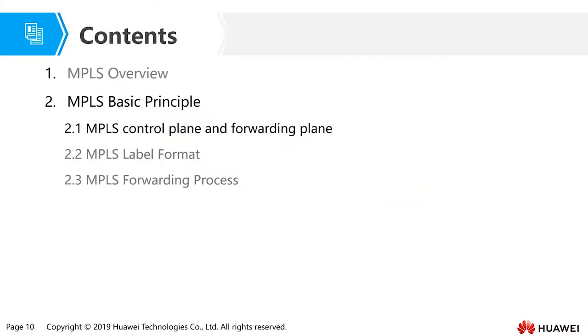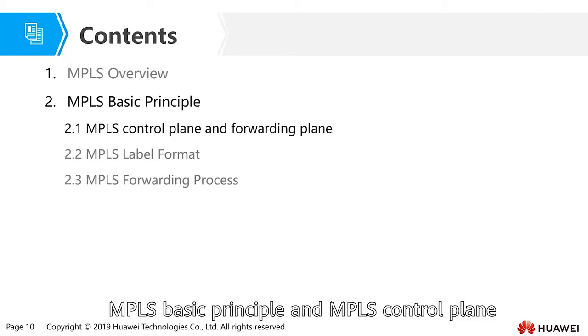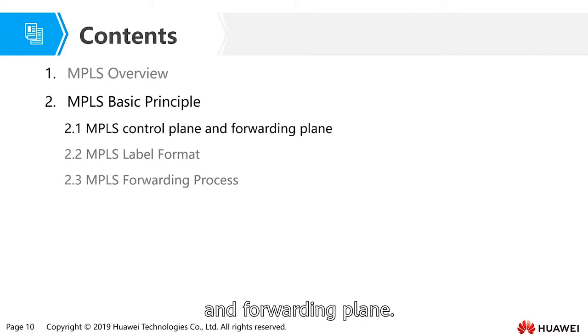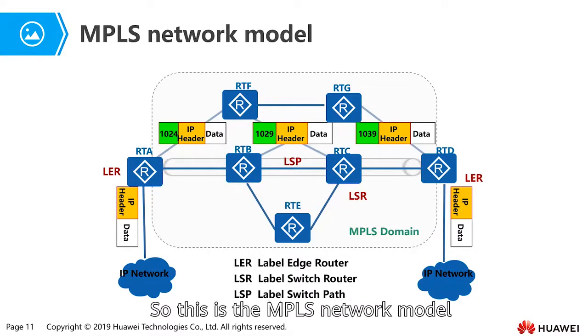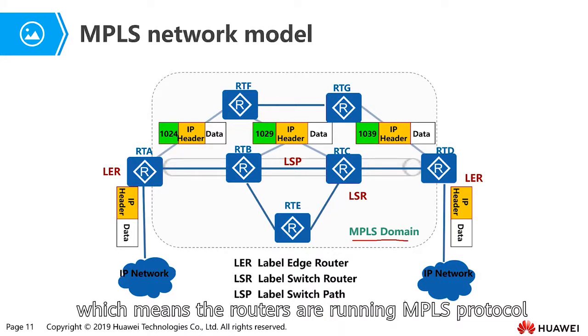Okay, now let's go to the next chapter: MPLS basic principle, MPLS control plane and forwarding plane. So this is the MPLS network model. In this model, we can see this is the MPLS domain. MPLS domain means the routers that are running the MPLS protocol.